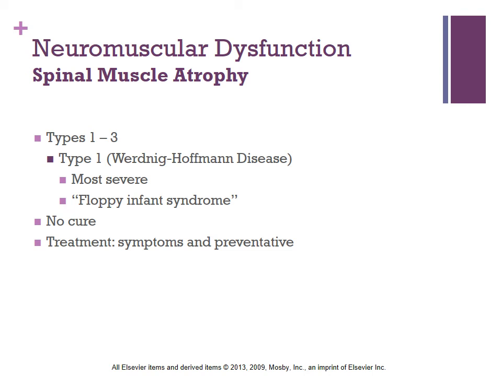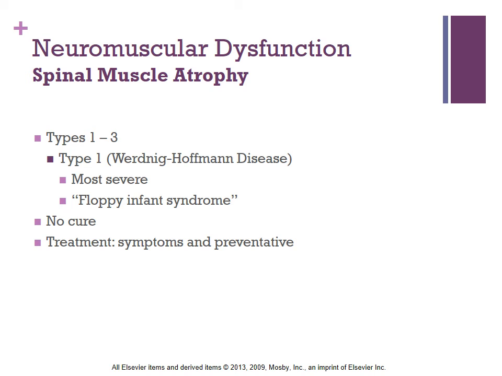They may end up being on a BiPAP machine at home, because when they sleep, they're going to obstruct, because you think of it, they're losing all their skeletal muscle abilities. So with SMA, they actually have degeneration of the anterior horn cells, and that is what controls your skeletal muscles.